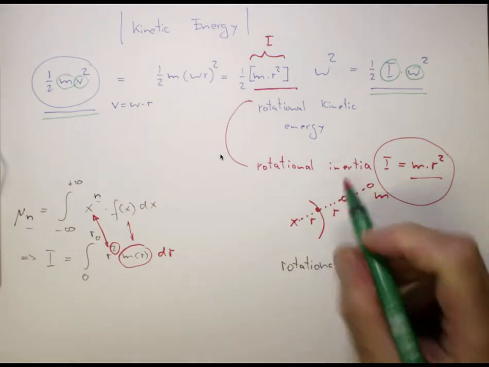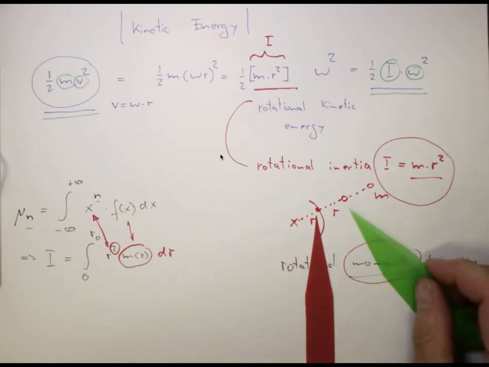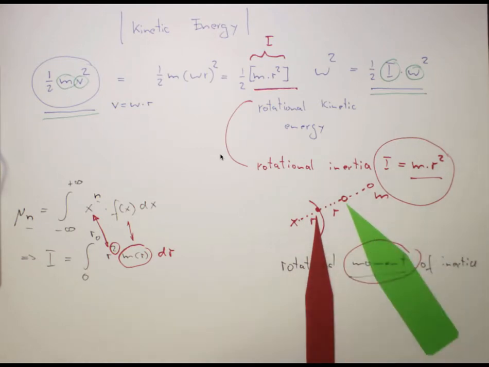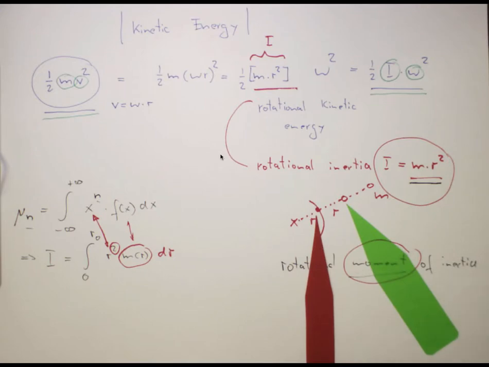I've shifted here the particle outward, and you can see from the equation that the moment of inertia depends on the distance from the center of rotation.